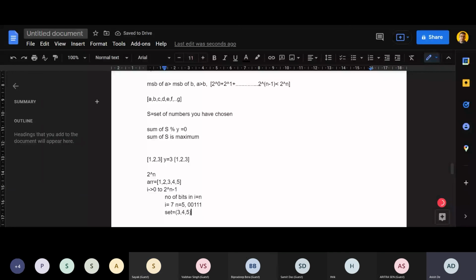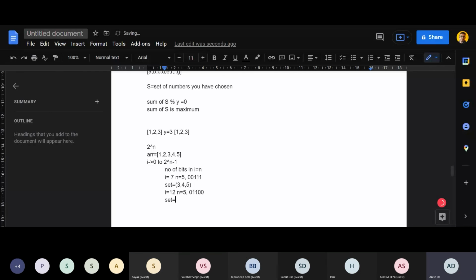Similarly for I equal to, let's say, 12, where n is again 5, the binary representation will be 01100. Yes, this is the binary representation of 12, since 4 plus 8 is 12. So for 12, we don't include 1 since there is a 0 in front.